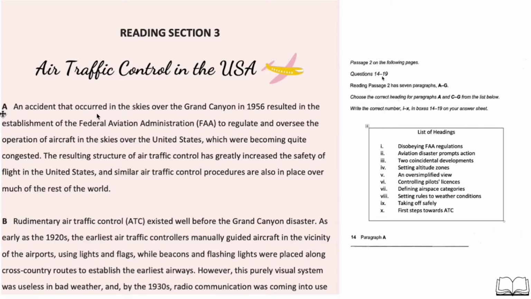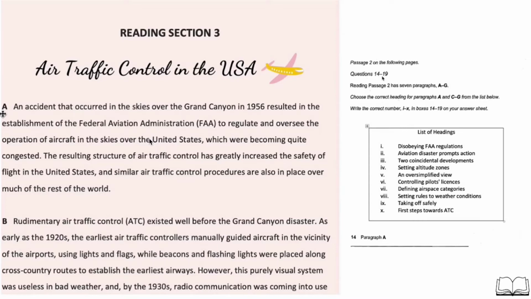But if we read paragraph A, we're going to learn that there was an accident in 1956 over the Grand Canyon. This accident resulted in the establishment of the FAA, which is an acronym that's going to show up quite a few times in the article.